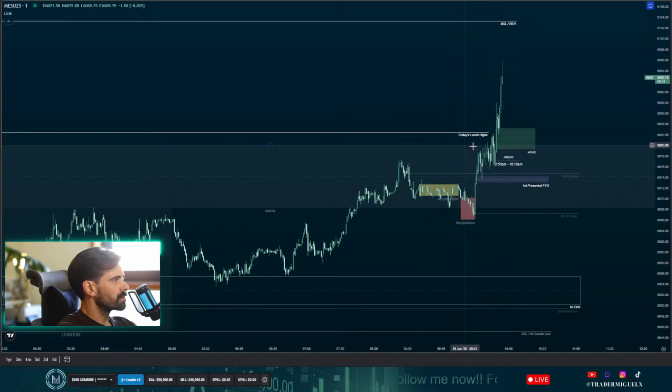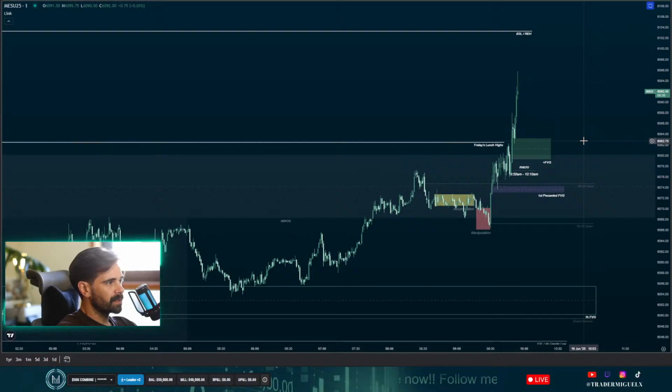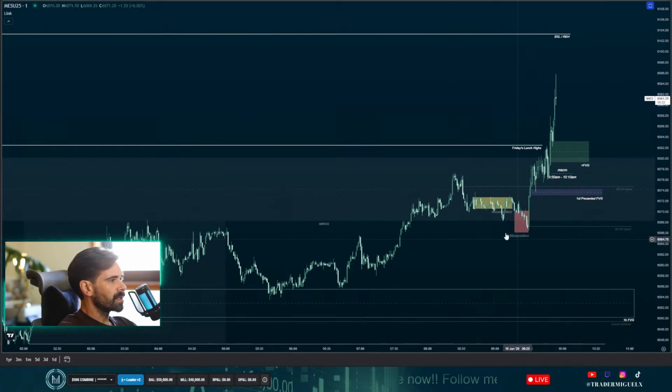And despite not participating in the move, I'm still content with it because this was a very nice read from price action. I was expecting buy side liquidity since the beginning. And as you can see, I marked here since the beginning of the stream, I identified the accumulation, manipulation, and now we are having the distribution to the upside.